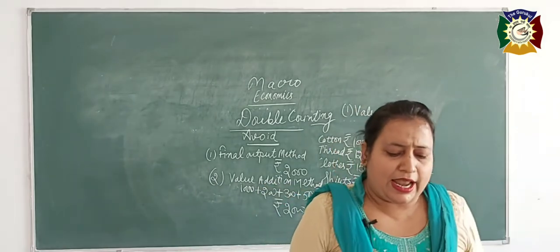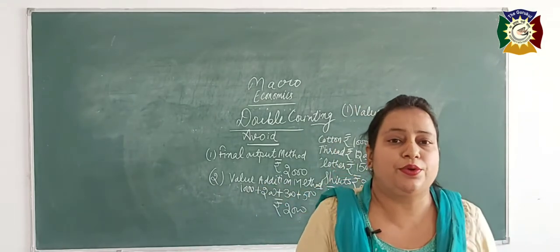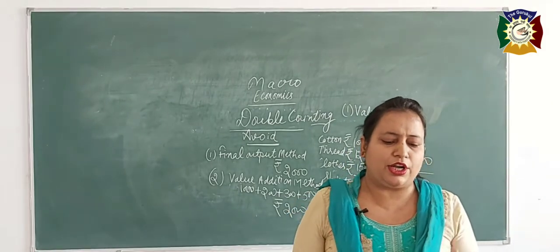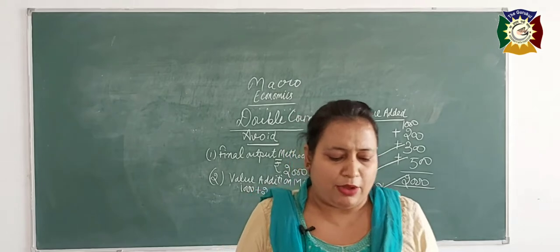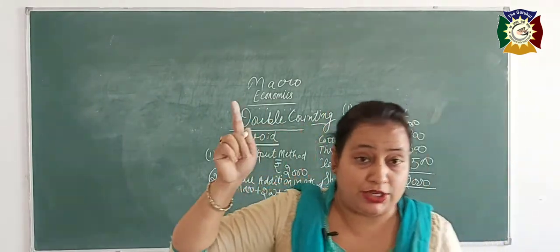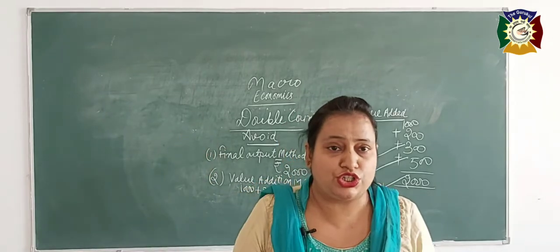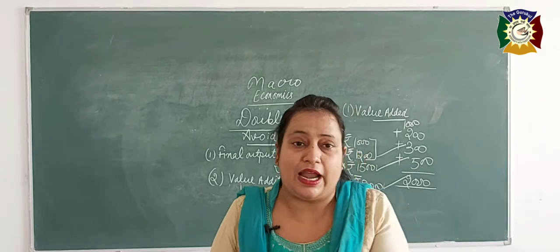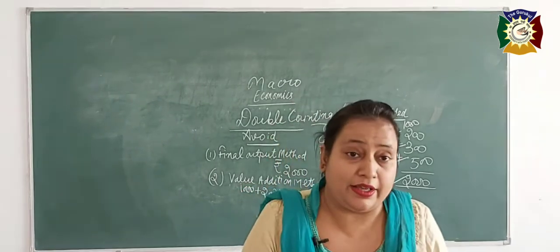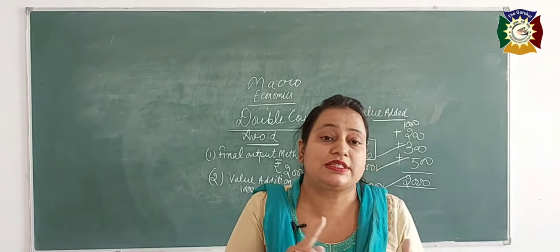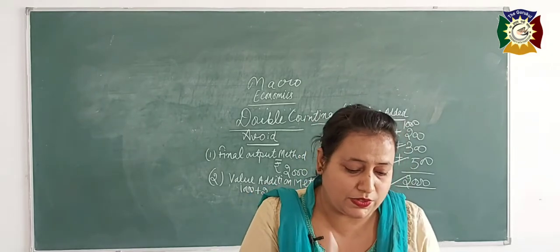Second, sale and purchase of second-hand goods is not counted. Why is it not included in the national income? Because its value has already been added when it was produced. These were first hand, and when they were produced that value was already added. That's why we will not take it again, because these are second-hand goods.